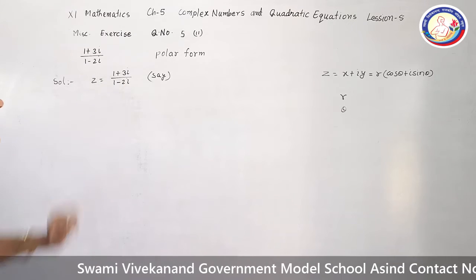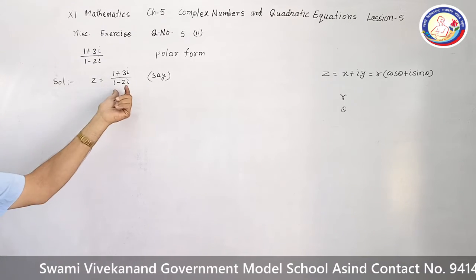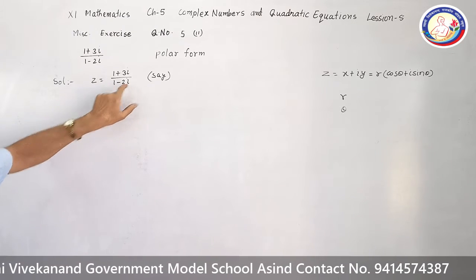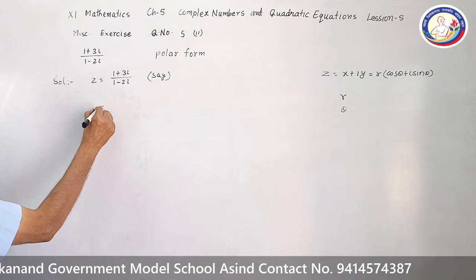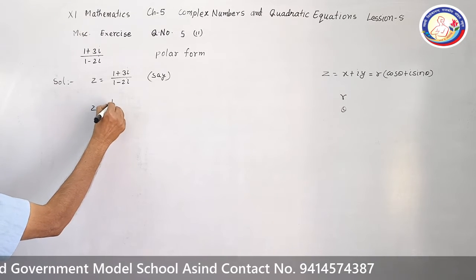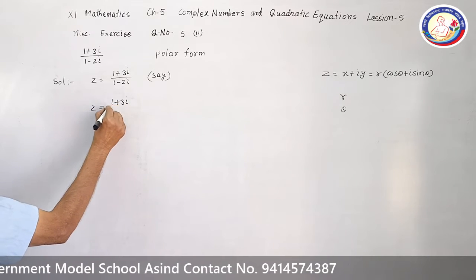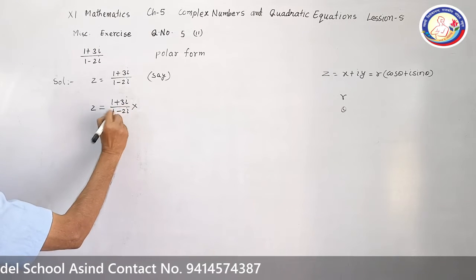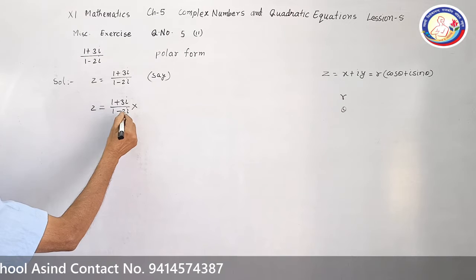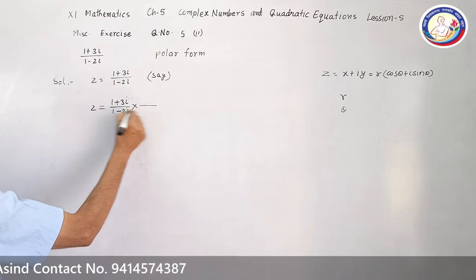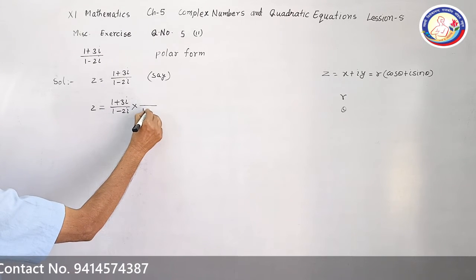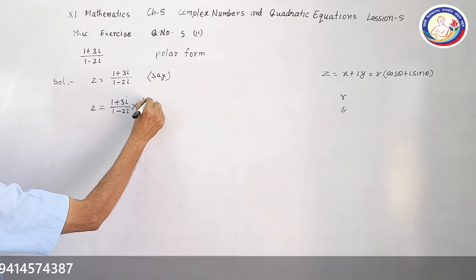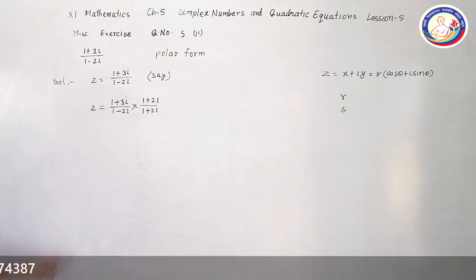So multiply denominator and numerator both by the conjugate of this denominator. We will get z equal to 1 plus 3 iota divided by 1 minus 2 iota into, change this sign into positive, we will get the conjugate 1 plus 2 iota, and 1 plus 2 iota here.